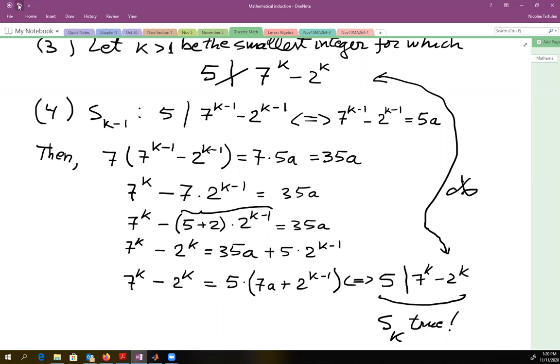And I foiled that term, and then I moved the term that contains 5 to the right-hand side. Just a little algebra, right? It has a negative sign, so you have minus 5 times 2 to the k minus 1. When you scoop it over, you have plus 5 times 2 to the k minus 1. And the other one is 2 times 2 to the k minus 1, which is 2 to the k. All right? Yep.